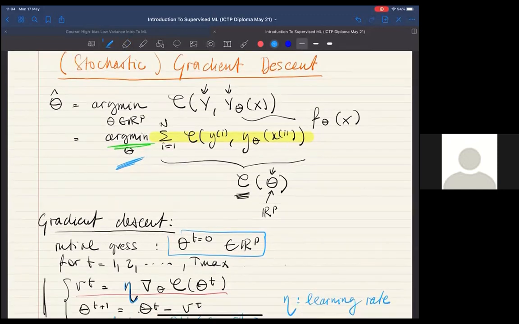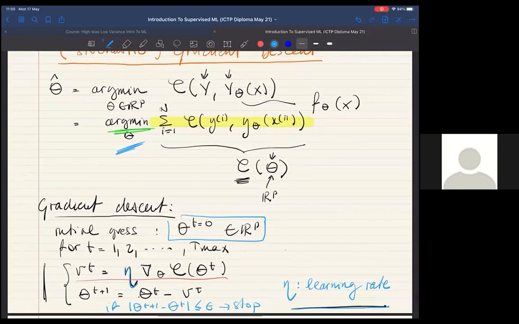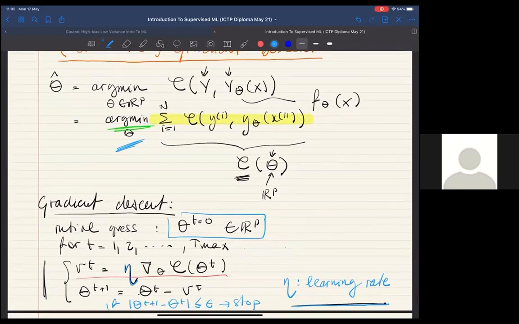And so what we said is that the most stupid, and actually natural, and yet efficient way is gradient descent.